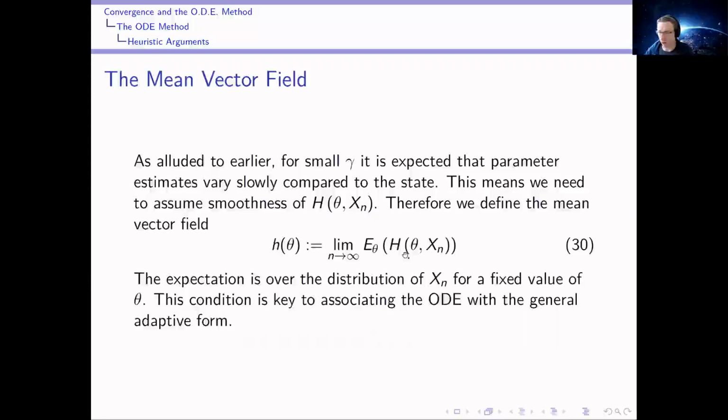In other words, the mean vector field is then an estimate of the current trajectory of H. An interesting outcome of this formulation is that H as a function of theta can be discontinuous, since the regularity condition only applies to H averaged over the state vector. And so this concept of freezing the parameters is key to actually evaluating the mean vector field in connection with the ODE.